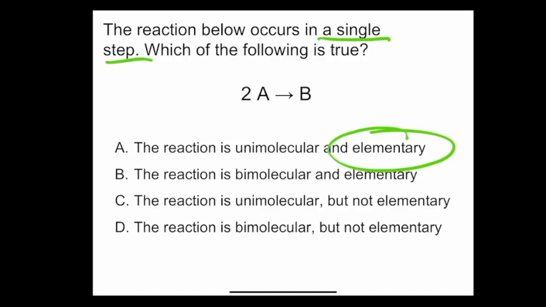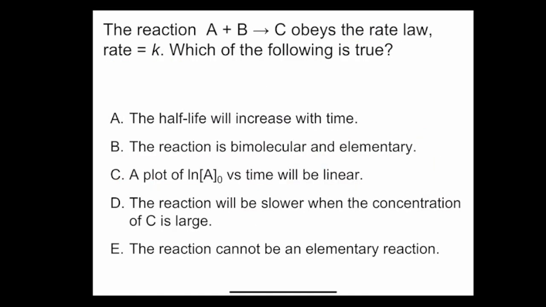Okay, last one. One more question. You have a reaction A, B, and C that obeys the rate law, rate equals k. First order, second order, zero order. If rate equals k, it's zero order. Which of the following statements is true? A, the half-life will increase with time.